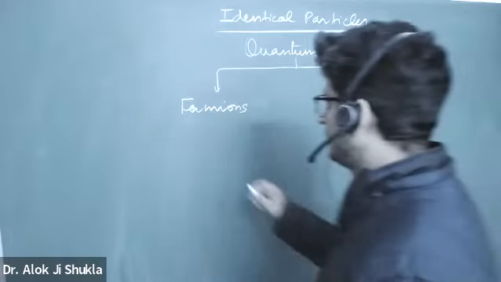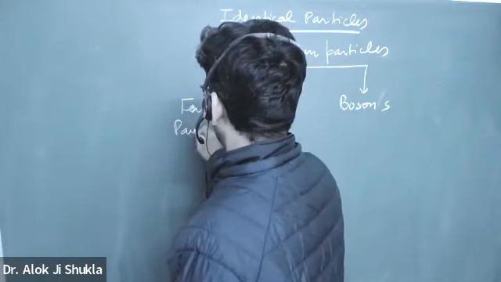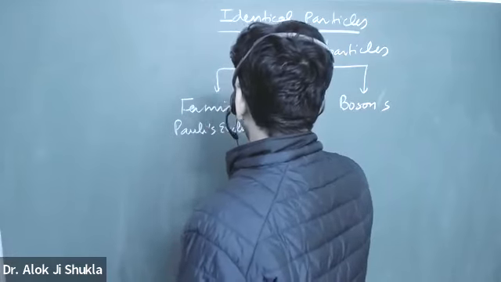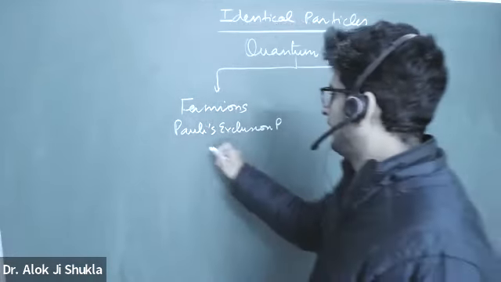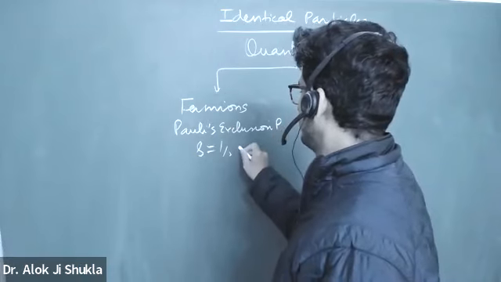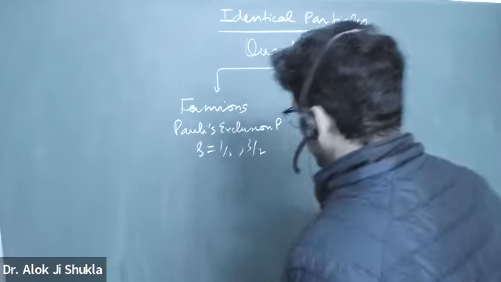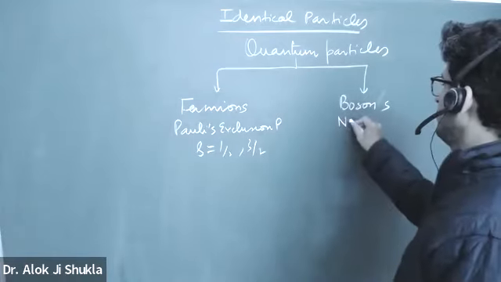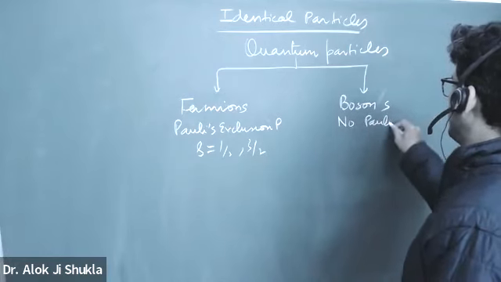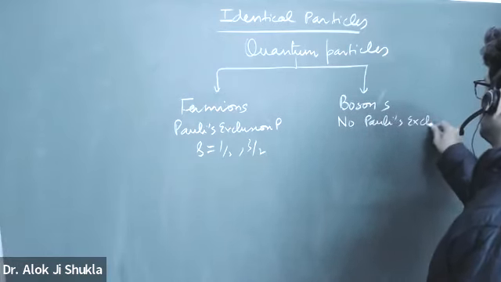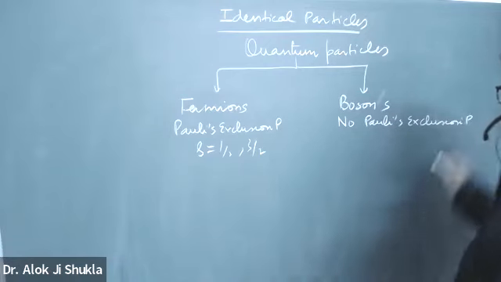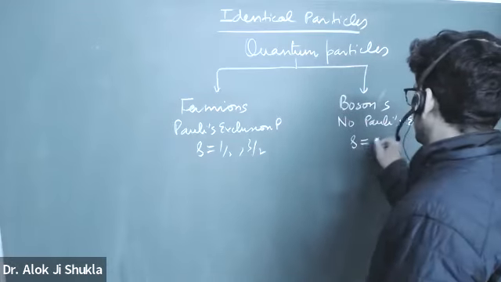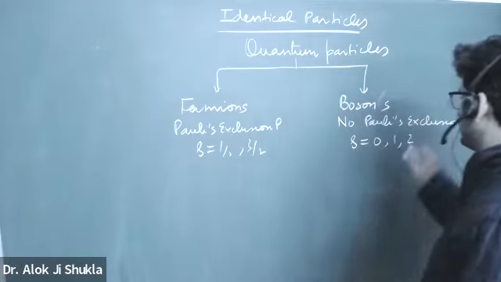So this will follow Pauli's exclusion principle, and it will have spin like this, 1 by 2, 3 by 2, like that, and this will not follow Pauli's exclusion principle, and it will have spin like 0, 1, 2, like that.